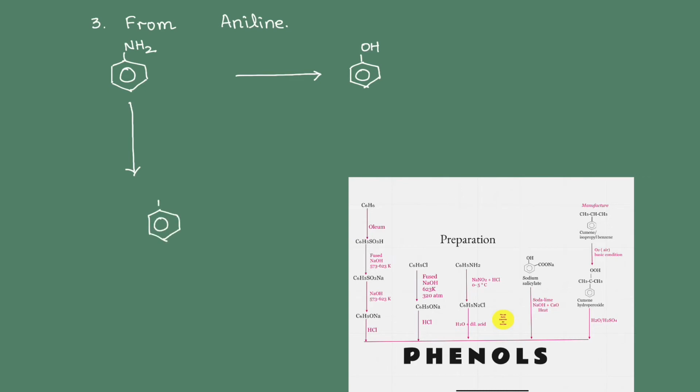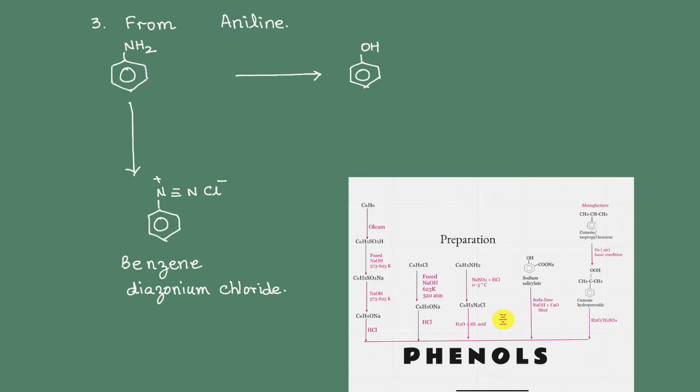You remember this reaction? N positive, Cl negative, benzene diazonium chloride. Those who are feeling unfamiliar with this topic, please go ahead with the diazonium salts video and you will never regret it. You'll be really enjoying the topic of organic chemistry.